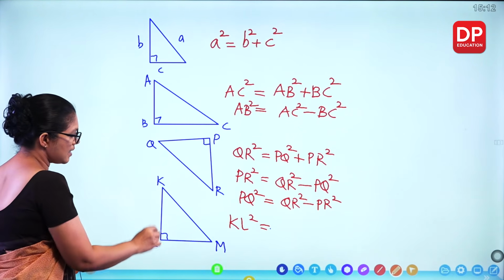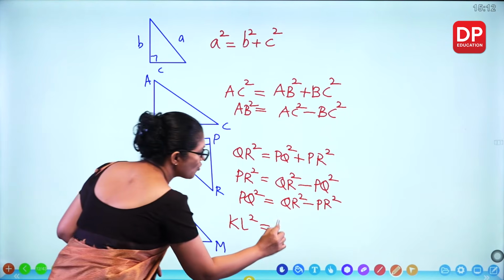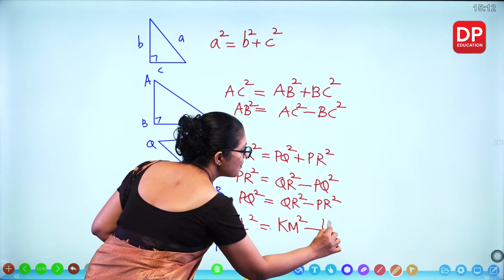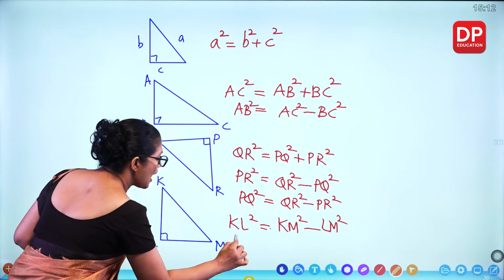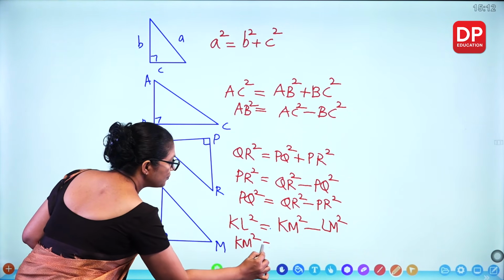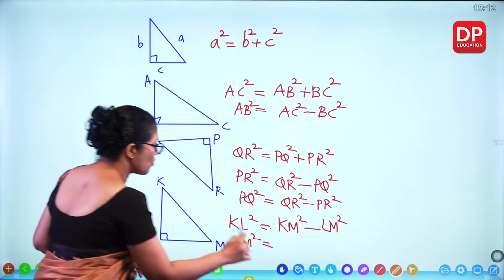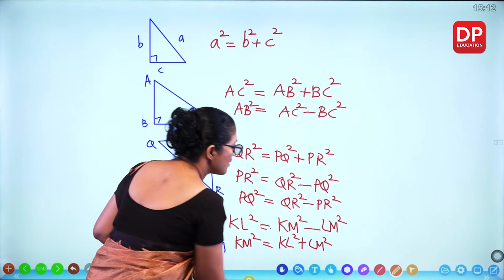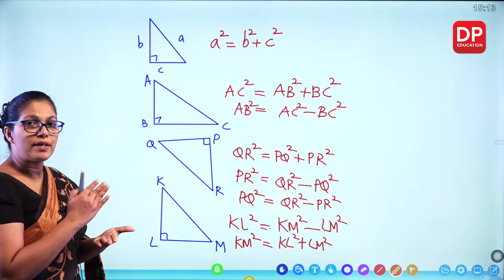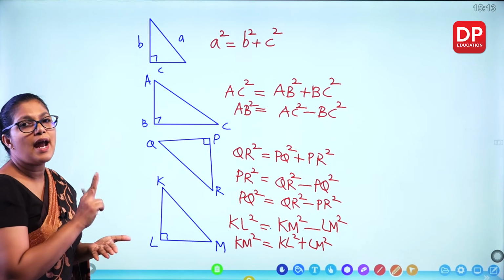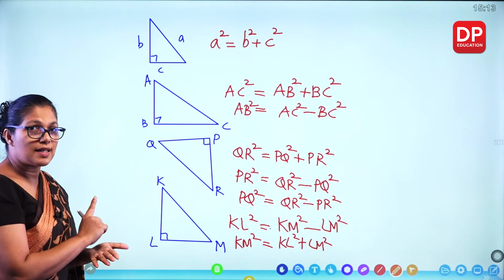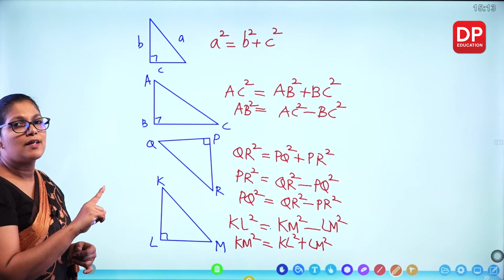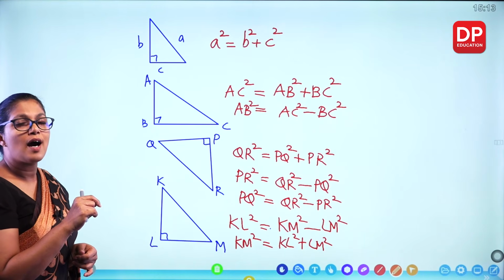KL squared is not the hypotenuse, so KM squared minus LM squared. So what is KM squared? KM squared is the hypotenuse, so you can add KL squared plus LM squared. So remember, if you want the hypotenuse side, you can add the other two sides. If you want another side without the hypotenuse, you have to subtract from the square term of the hypotenuse.